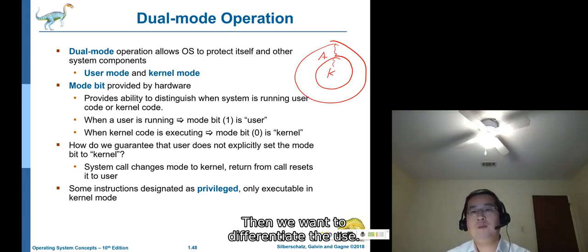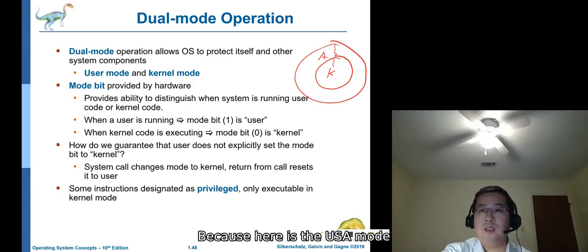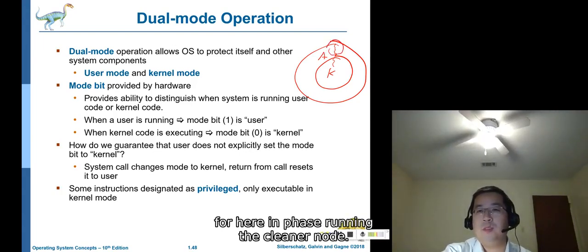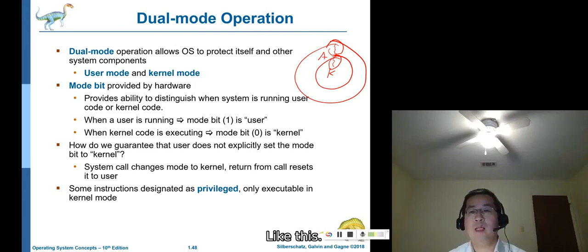Then we want to differentiate the program's running mode, because here is user mode, and here is in fact running in kernel mode. For example, you want to load the data, print the data, or output the result on the screen. This is the kernel mode. This is the user mode.